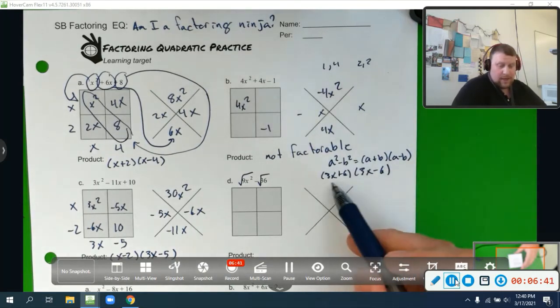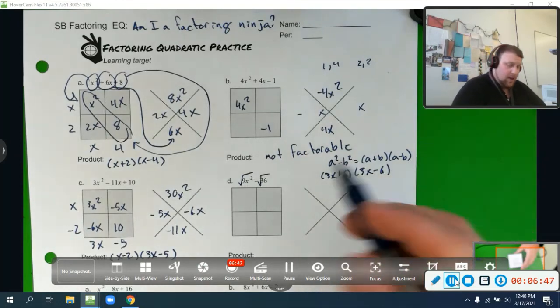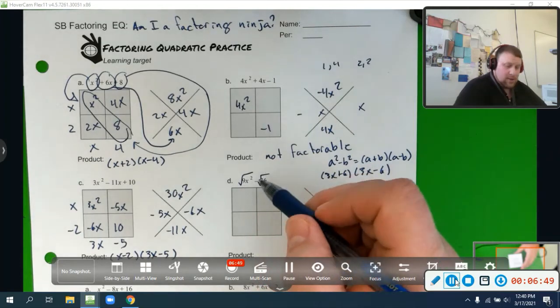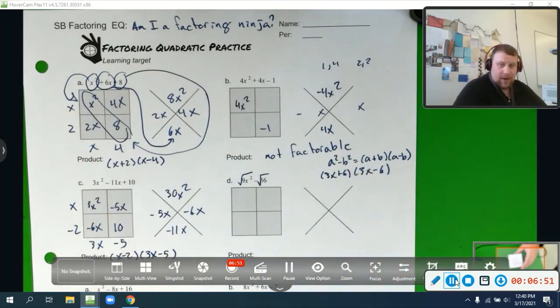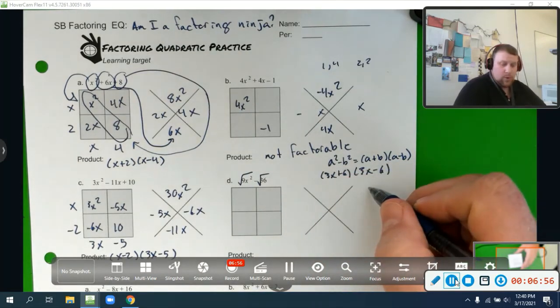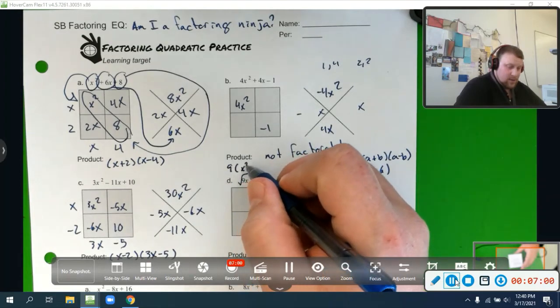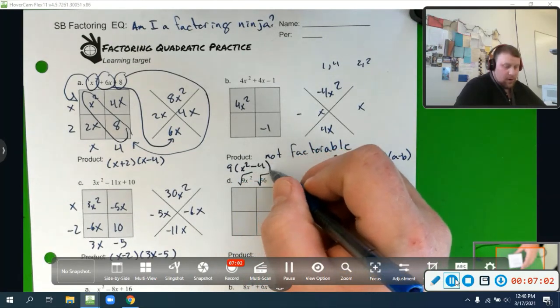But you'll notice in each of these cases, the 3 and the 6 share a 3 in common. I can factor a number out. So that's not actually fully factored. What I need to do to fully factor it is, what do 9 and 36 have in common? They have a 9 in common. So I could rewrite this as 9 times x squared minus 4.